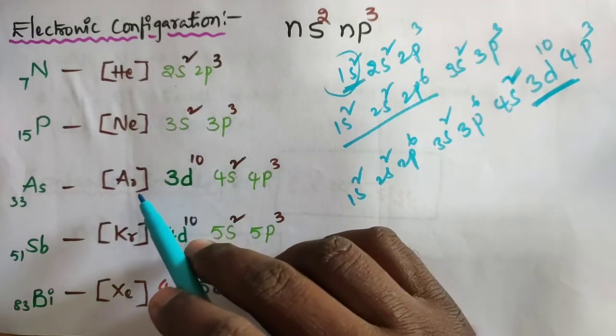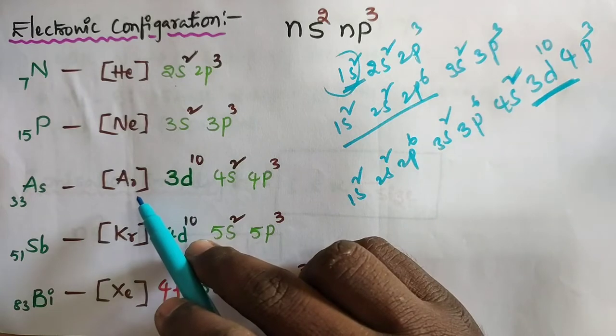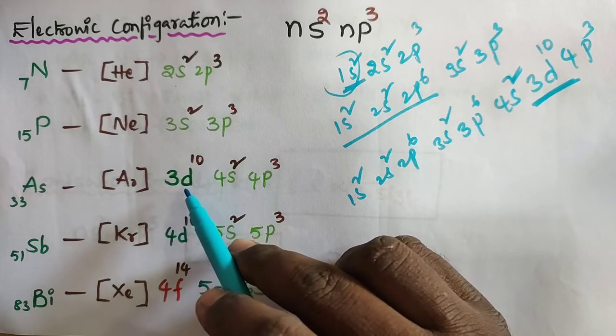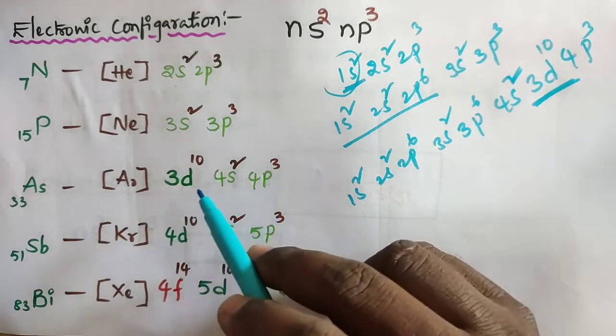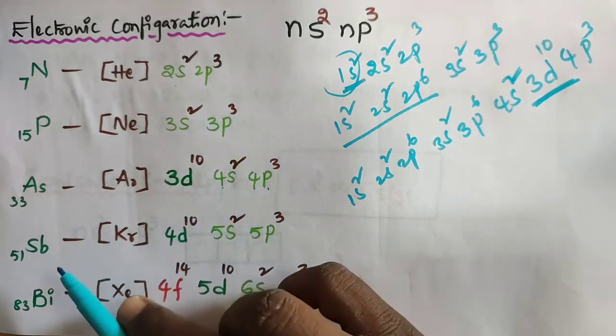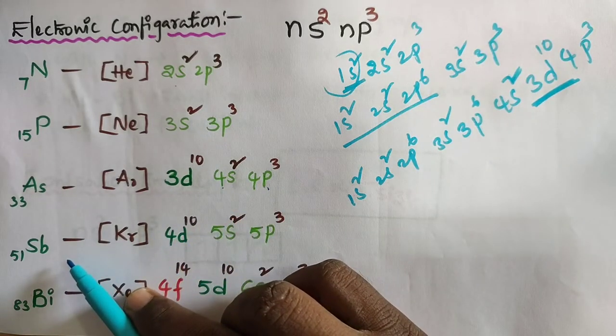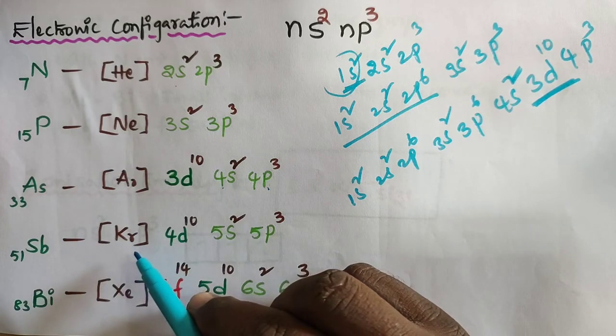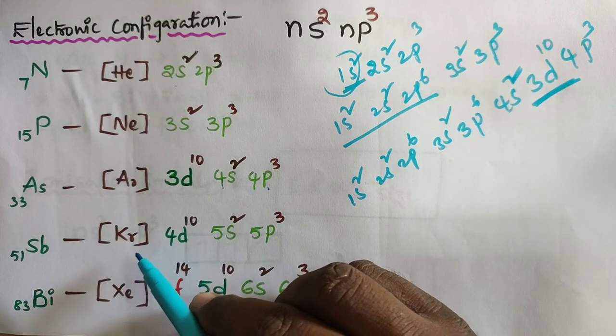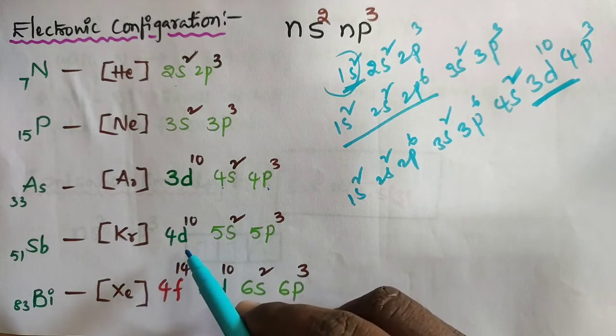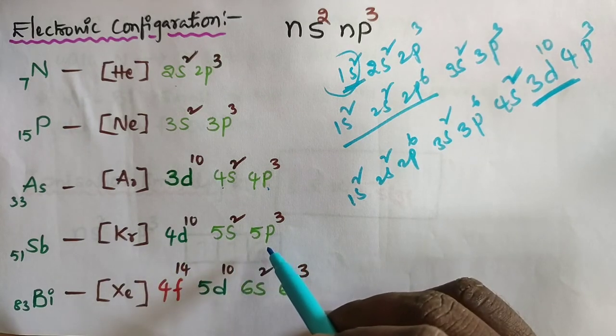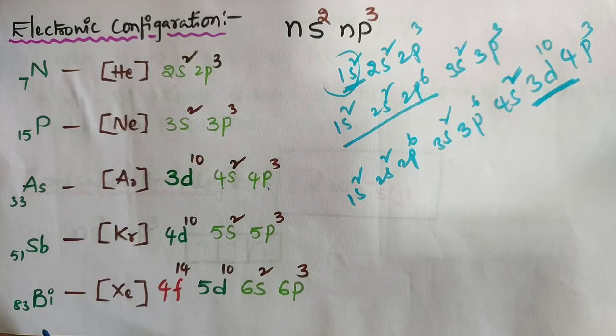Using argon, atomic number 18, the configuration is 3d10, 4s2, 4p3. Next is antimony, using krypton: 4d10, 5s2, 5p3. Next bismuth, atomic number 83, using xenon: 4f14, 5d10, 6s2, 6p3.